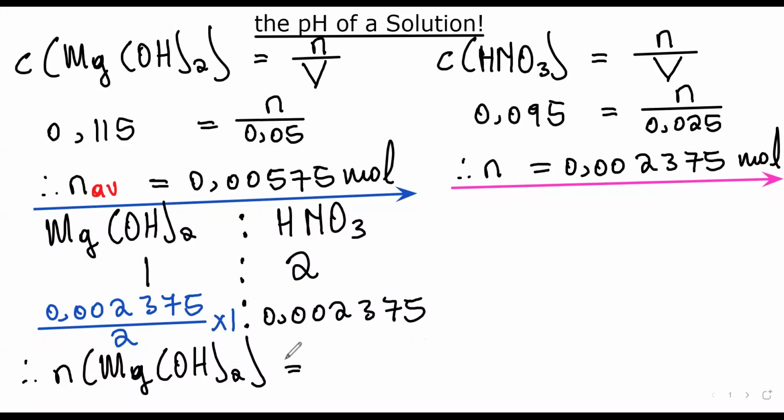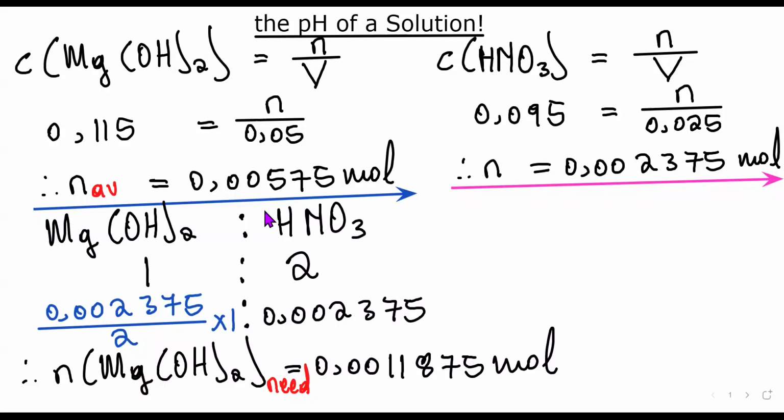So if we divide this by 2, we get 0.0011875 moles. So these are the moles that are needed in order to react with the acid.